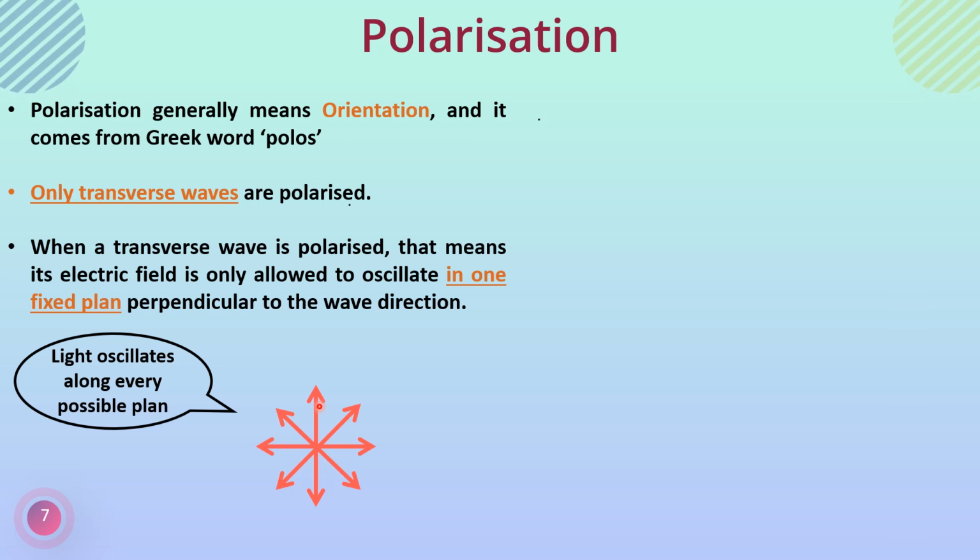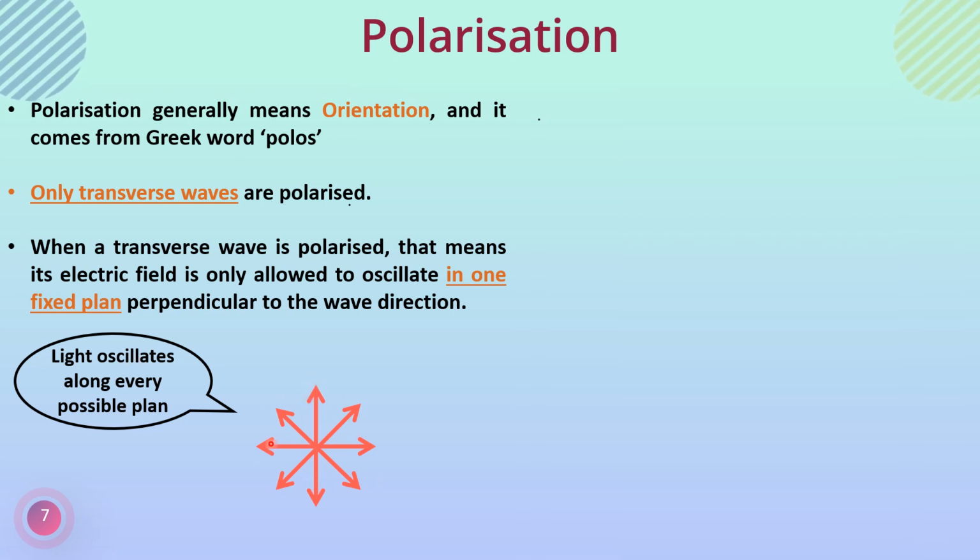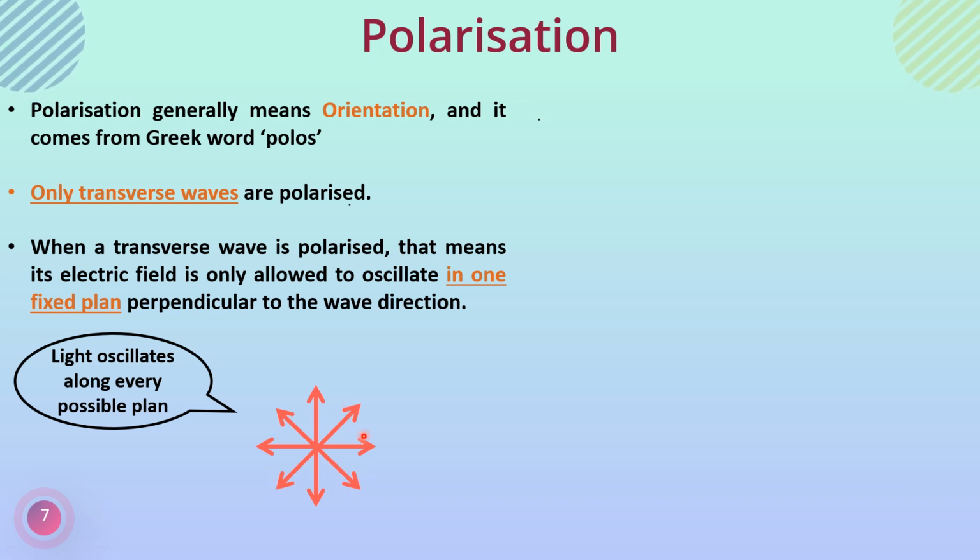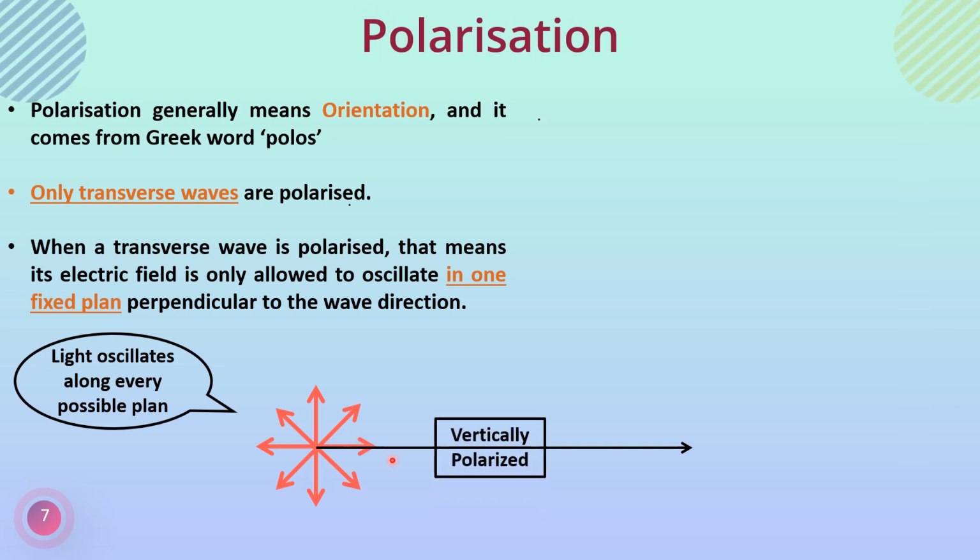Then what do we mean by one fixed plane? That means polarization will allow only one plane among all these infinite planes to pass through. It will block all other planes and just make one plane pass through. Say it's vertically polarized.